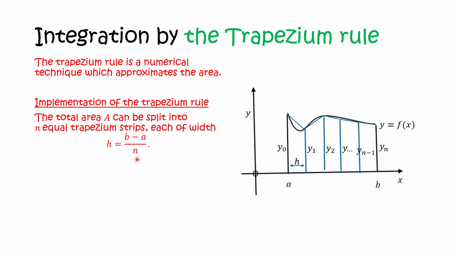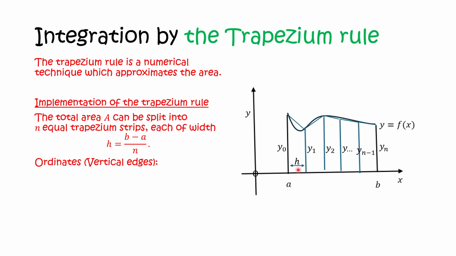Recall, the a is the lower limit, the b is the upper limit, the n is the number of strips or the trapezia. Recall, trapezia is the plural of trapezium. And the h is given by b minus a over n. Now, taking a look at the graph that we have here, our h is positioned over there.